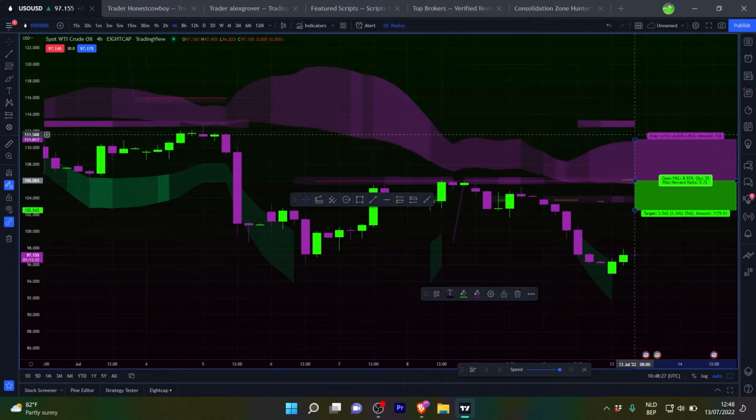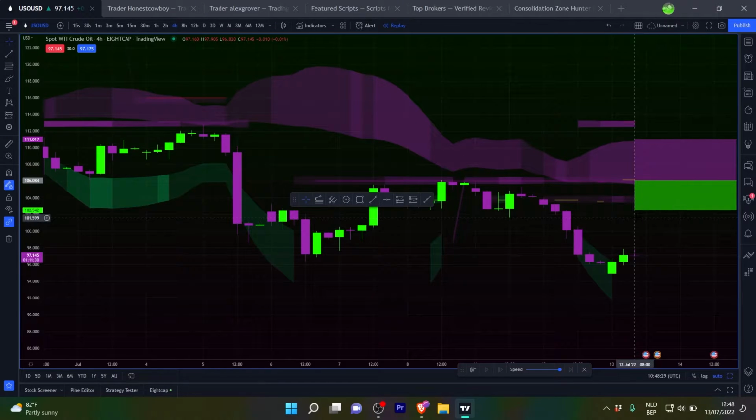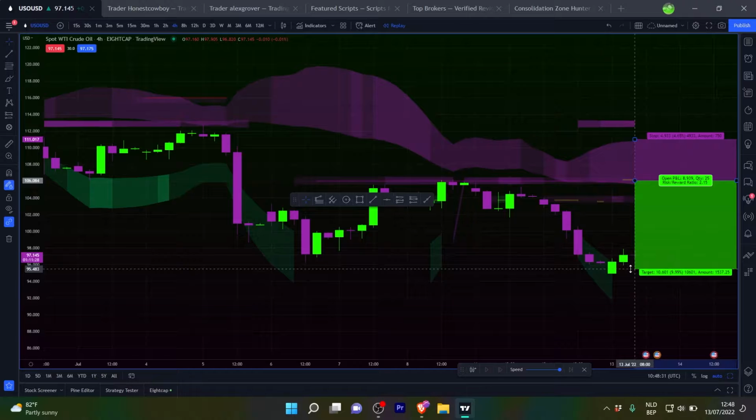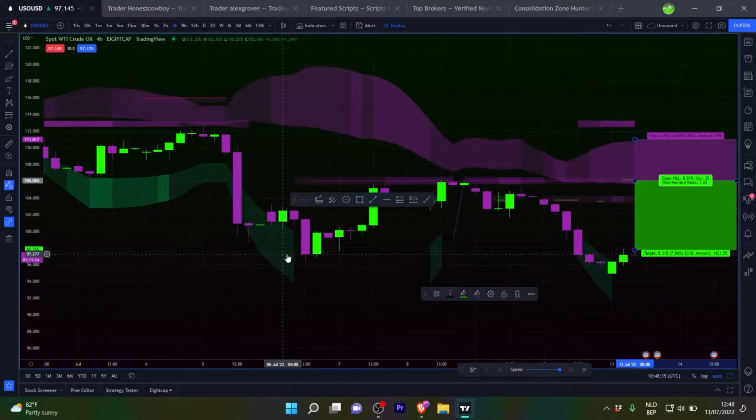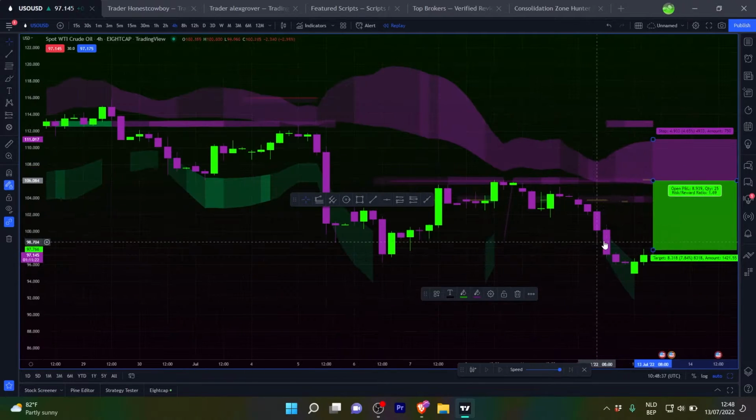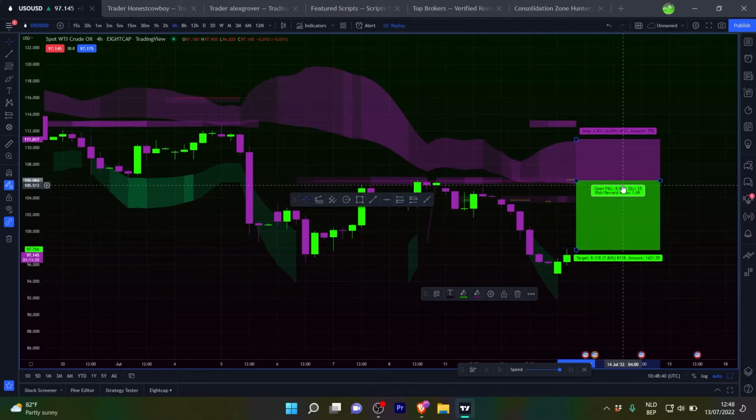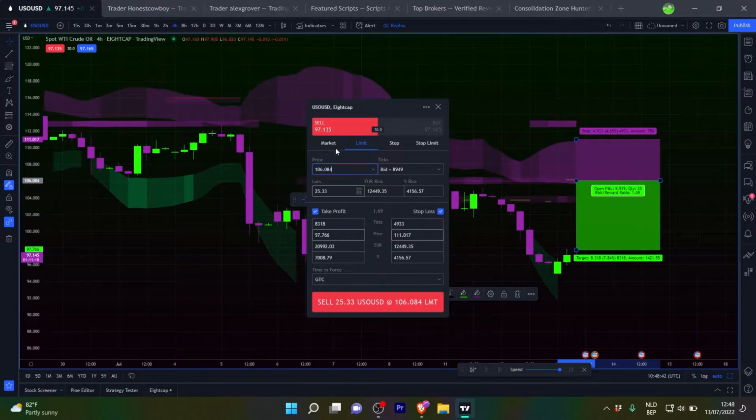I want to put my stop loss above the band and then take profit something like this because price has already been here. Then see what the risk would be on this trade. 0.01 lots. Risk is too high.